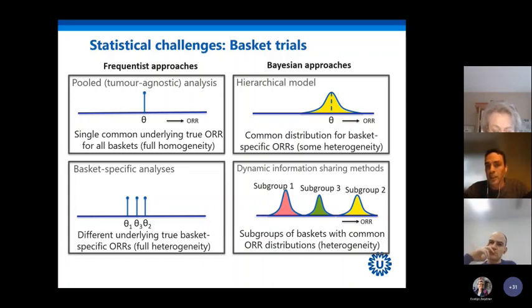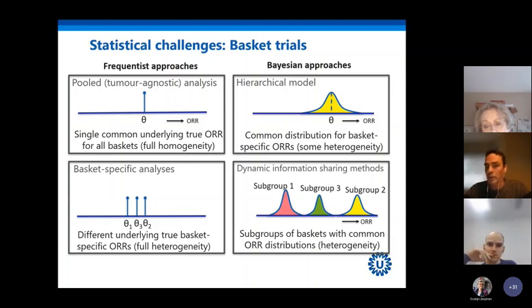But in the latter years, these methods have been criticized a bit, and the focus has shifted towards so-called dynamic information sharing methods in a Bayesian setting. What these methods basically do is they try to identify subgroups of patients, subsets of baskets that have similar response rates and group them together.